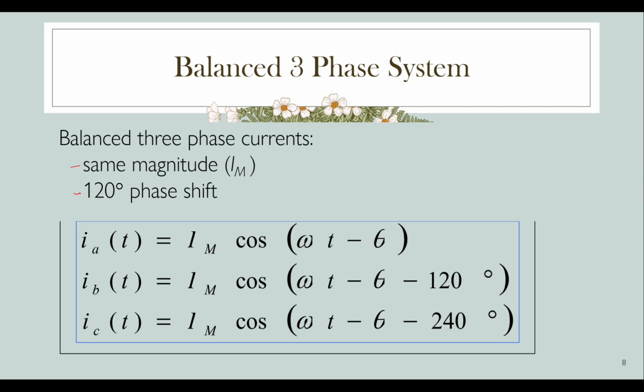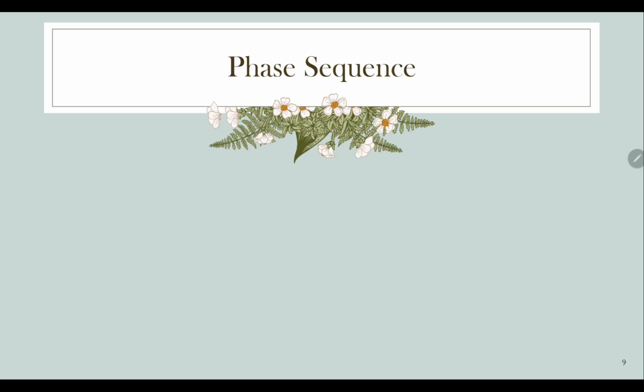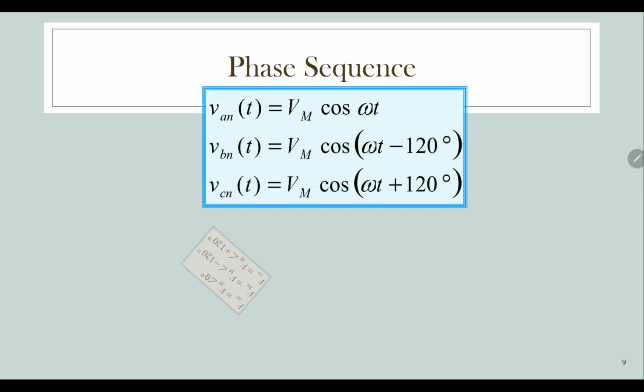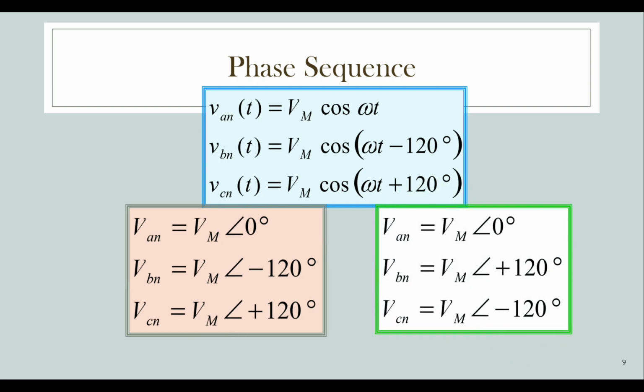IB equals Im cos omega t minus theta minus 120 degrees. IC equals Im cos omega t minus theta minus 240. So there is a phase sequence. You have to know whether it is in the positive sequence or negative sequence. This one is in the time domain.